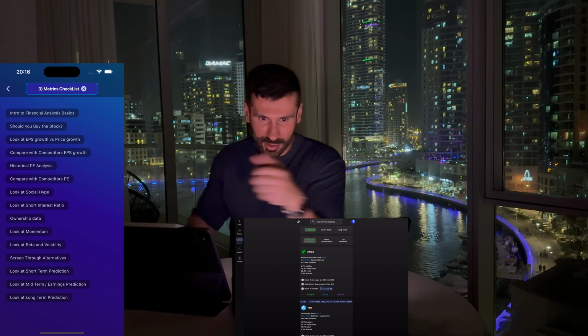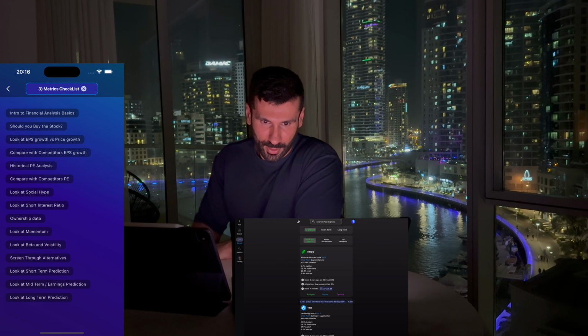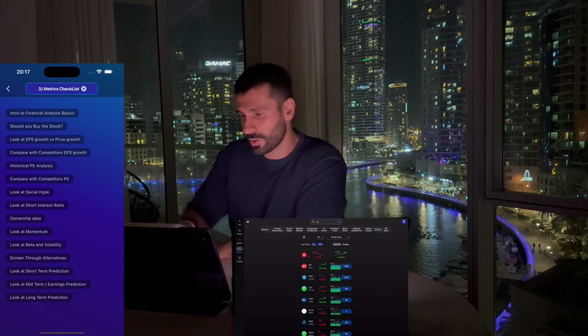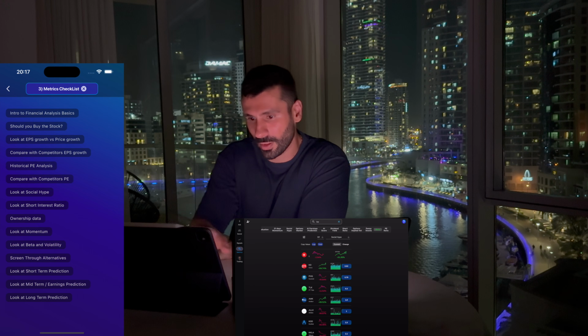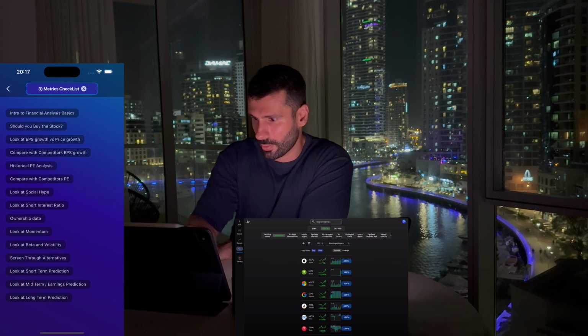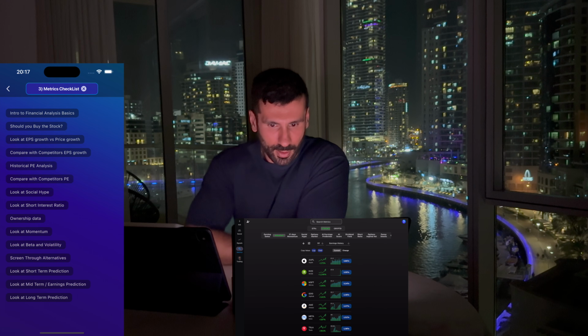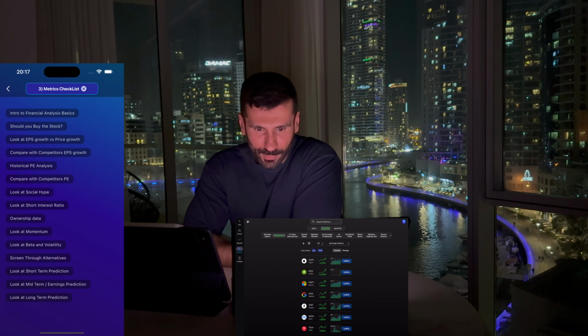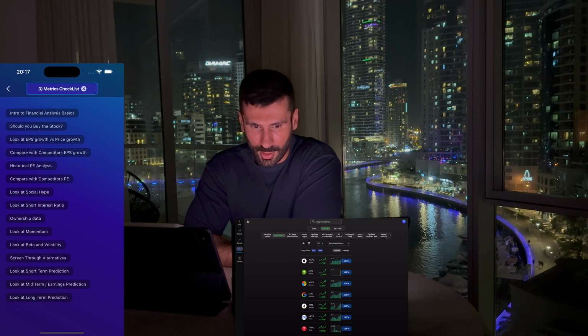So the metrics checklist. Here I'm looking at EPS, etc., historical P/E, social hype. The beginning is valuation, long term. Then social hype, which I showed you on the metrics tab. You select a stock and you see it. Then ownership data, momentum, etc. Momentum is actually for the short term.